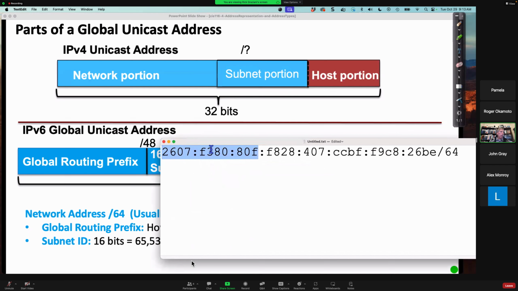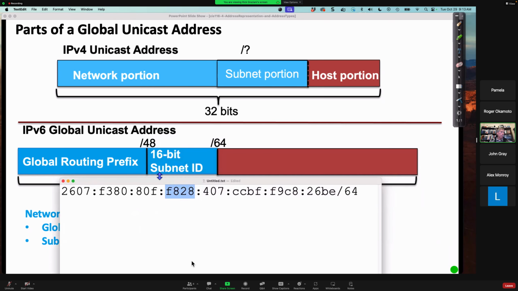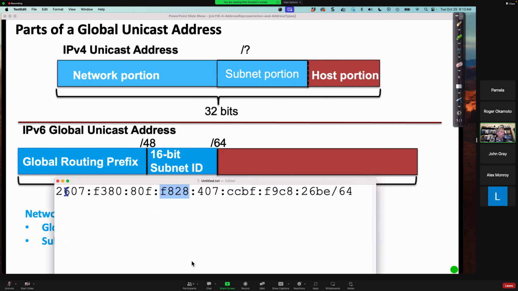So between here and here's our interface portion, it left this. That is our subnet ID. This is what we call our global routing prefix, how the internet sees us, how our ISP sees us.